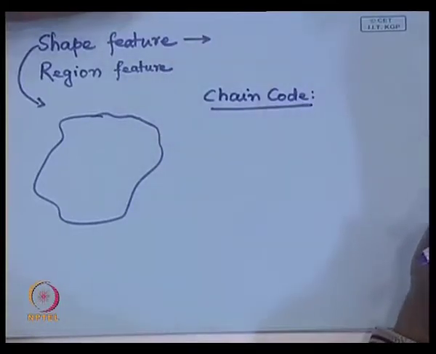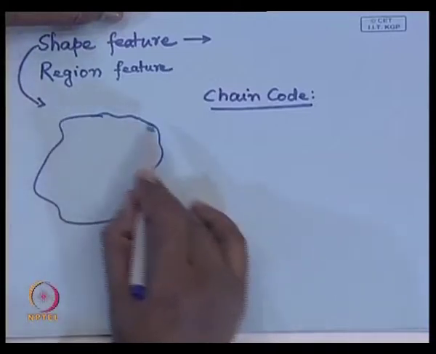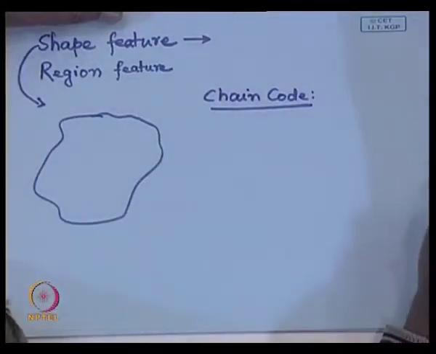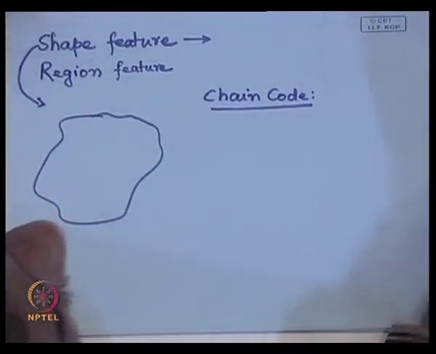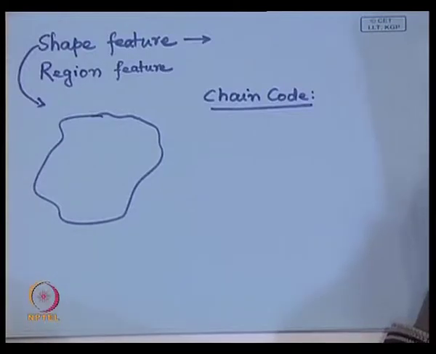What is chain code? Chain code is, if I want to represent an arbitrary boundary by linear segments, some sort of piecewise linear approximation of arbitrary boundaries.